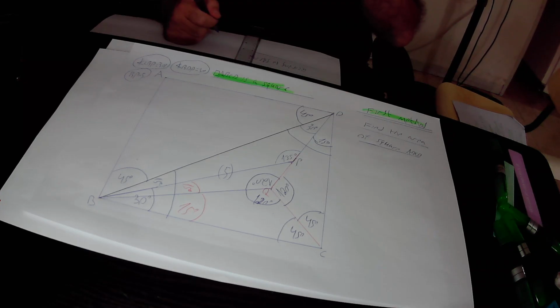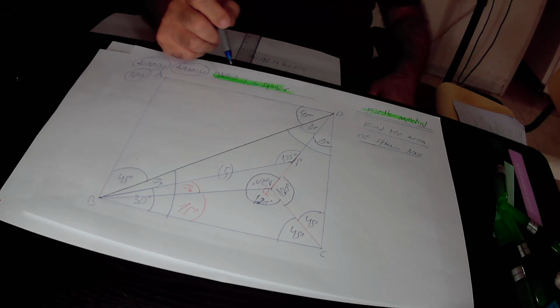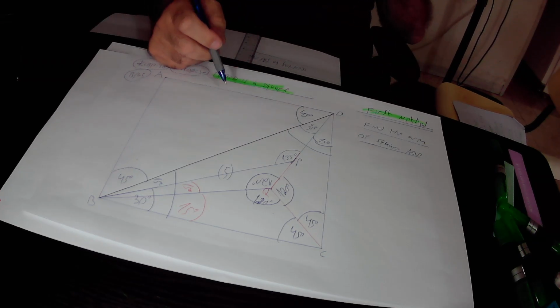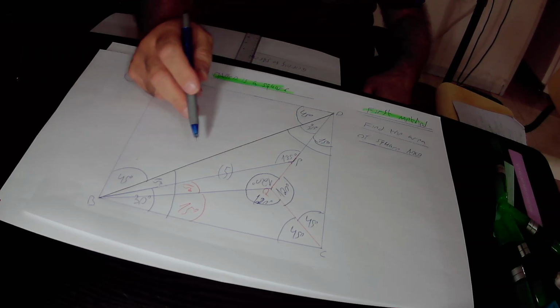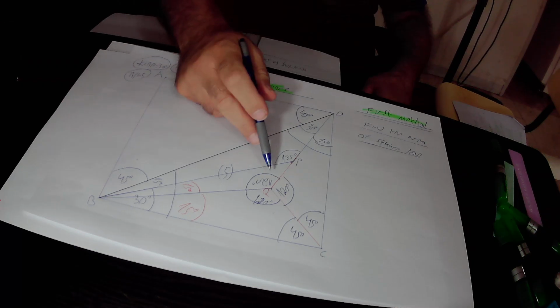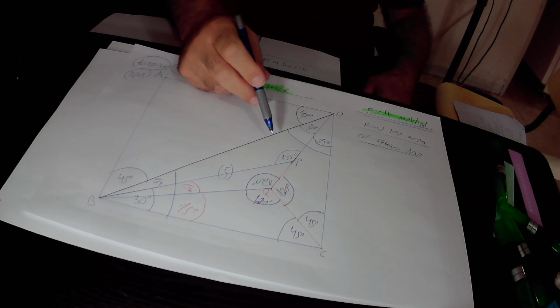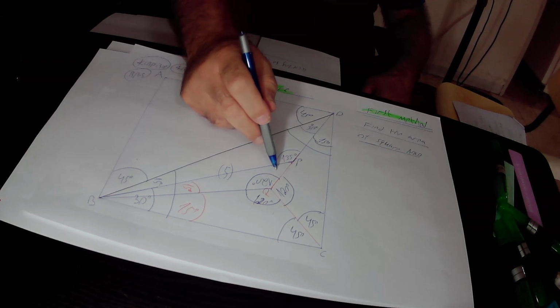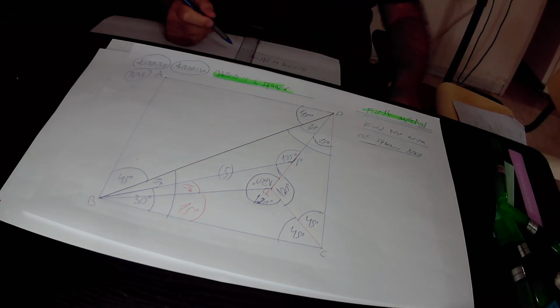Actually, what is the size of angle BPQ? We have the rule that says the sum of the angles on one side of a straight line is equal to 180 degrees.